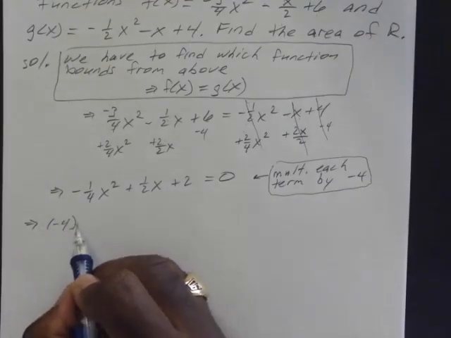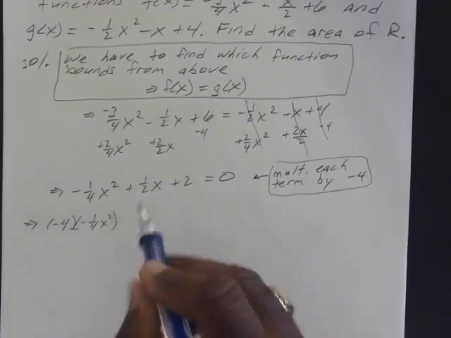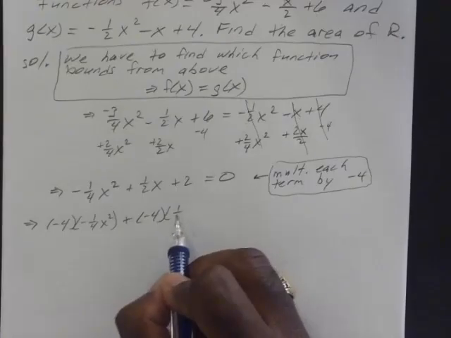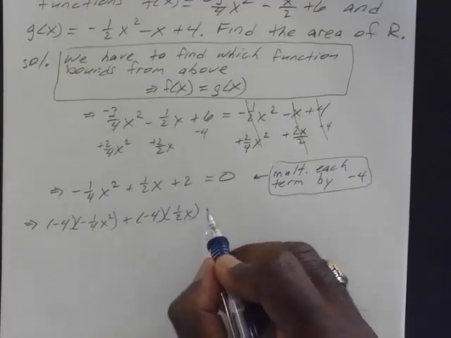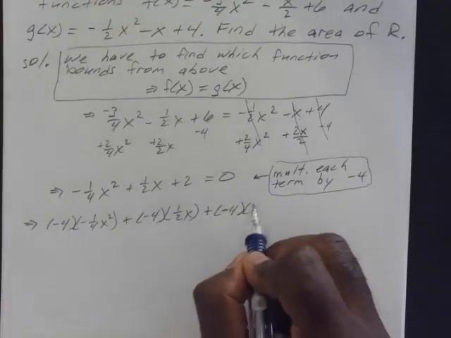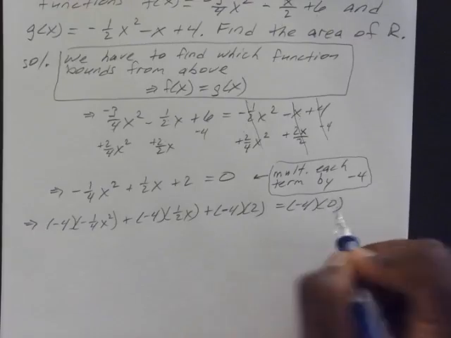So we have negative 4 times negative 1/4 x squared plus negative 4 times 1/2 x plus negative 4 times 2 is equal to negative 4 times 0.